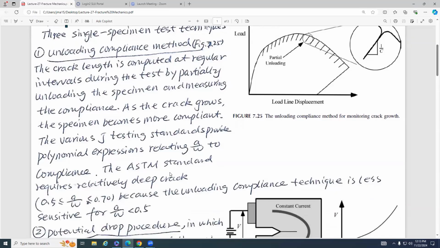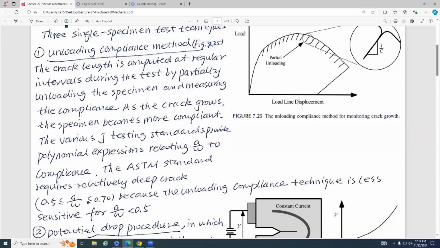The ASTM standard requires a relatively deep crack. Why? Because the unloading compliance technique is less sensitive if a over W is less than 0.5. This is understandable, right, guys? Do you agree? Suppose at the very beginning there is no crack. At the very beginning the crack grows very slowly, and the C will be changing very slowly.